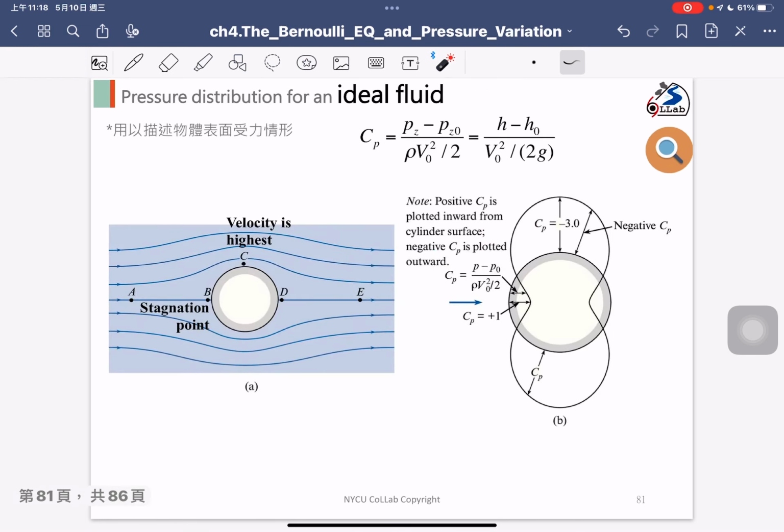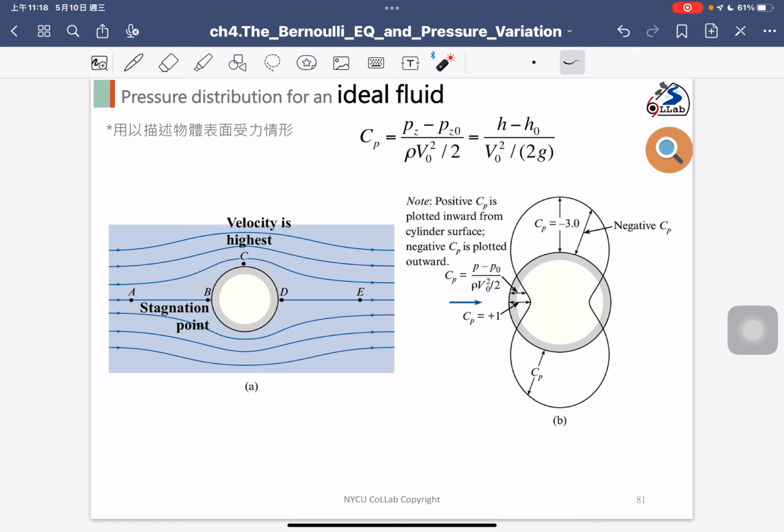Okay, so if I go back to the CP values around the object, as I mentioned, the CP coefficient can help us describe the pressure field surrounding the object. So this is an ideal case. For this ideal case, we cannot observe any wake flow.